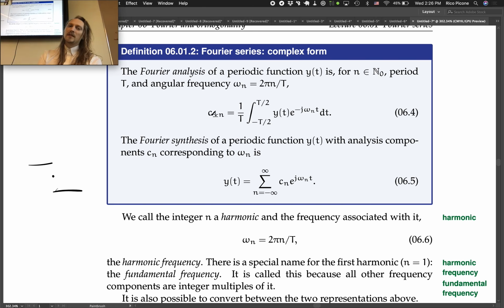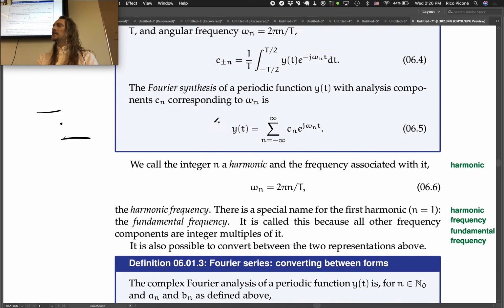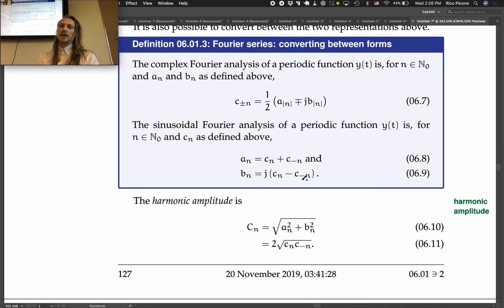So there's a c minus 2 component as well. So there you get the harmonics in positive and negative. So that's what that subscript means here, is you take the negative component.